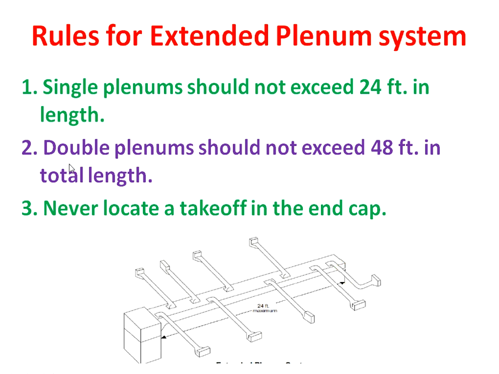When we are using double plenum, then our total duct length from here to here should not be greater than 48 feet in any condition. And the third point is never locate a takeoff in the end cap. End cap is nothing but the end of this main duct. That means we should not attach a branch duct at the end of this main duct.